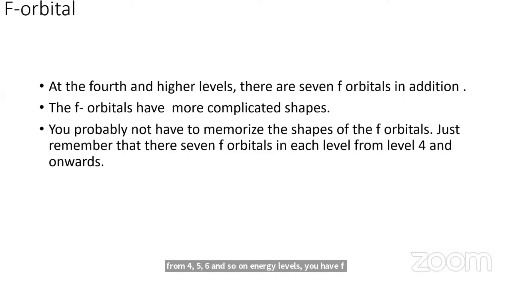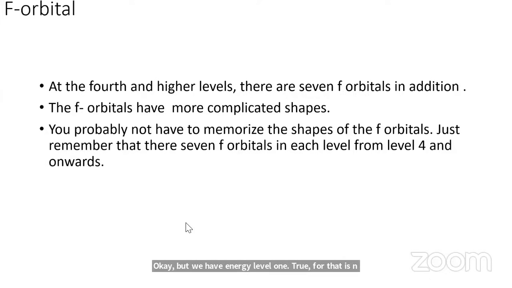Now, I want to ask a question, and you can go to the chat and put your answer. We have energy levels 1 to 4, that is, n equal to 1 till 4.